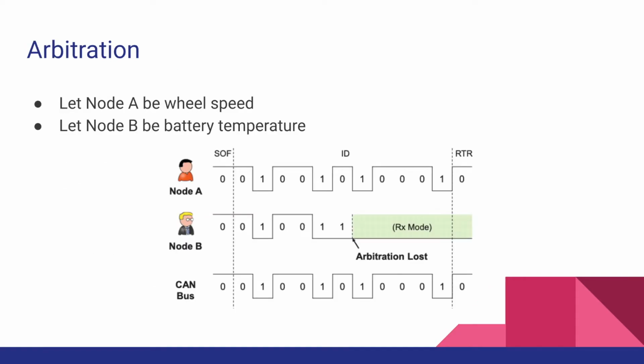So going back to this example real quick, if node A and node B were to have this issue outside of arbitration, node B would have suffered from a bit error. But since it's during arbitration, there's no error flag raised.